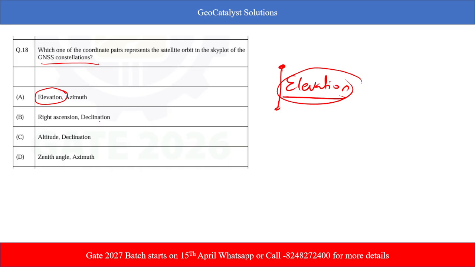Elevation is a must. Here there are two angles only, so only this option was confusing. Other than that, any one angle will be enough, like azimuth or zenith angle. So elevation is a must, and one among azimuth and zenith angle will be enough, but here the option is that elevation and azimuth we can choose. Okay, so question number 18, A will be the answer.